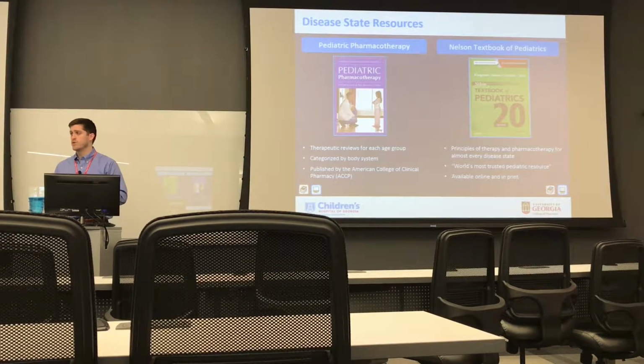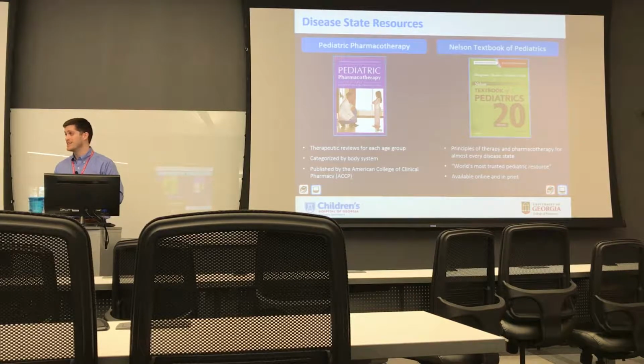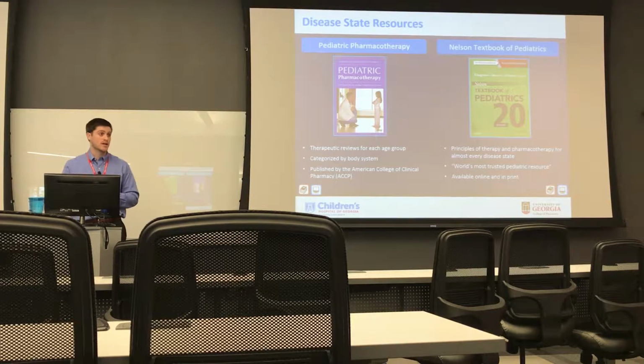The next 2 resources that we're going to look at specifically for disease states are the Pediatric Pharmacotherapy book, as well as the Nelson Textbook of Pediatrics. Both of these resources are available in print, but then also online. And looking at specifically Pediatric Pharmacotherapy, it is published by the American College of Clinical Pharmacy, or ACCP. And it has therapeutic reviews for each age group, and it's actually broken down and categorized by body system.